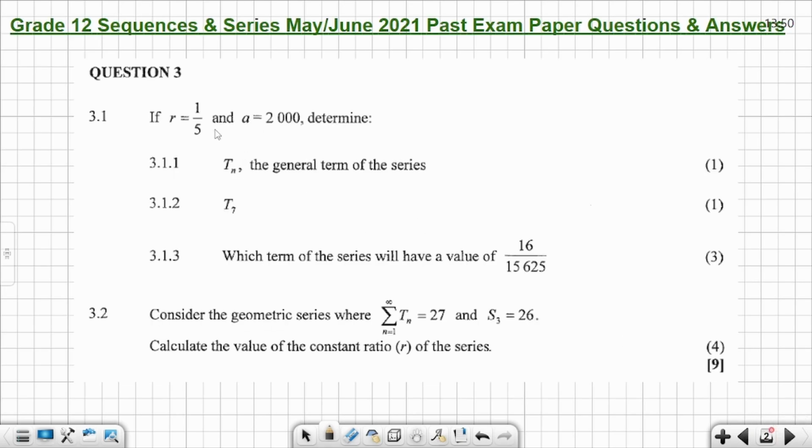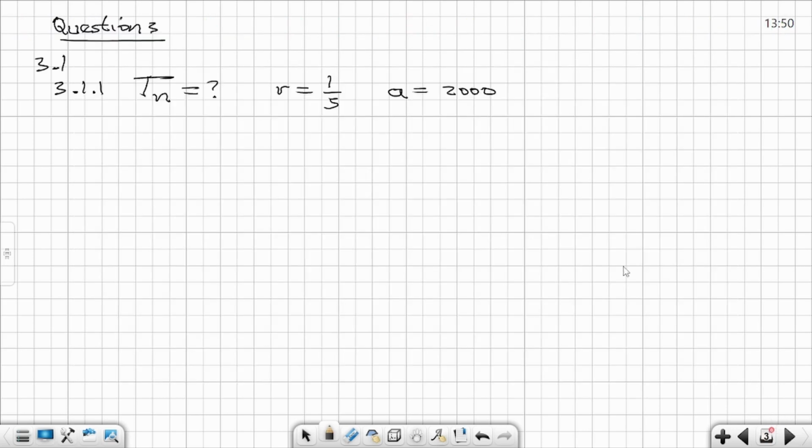Since we are dealing with R, the common ratio, this is a geometric series, and a geometric series has Tn in this form: equal to A times R to the power of n minus 1. So this is a geometric series. It is of this form.